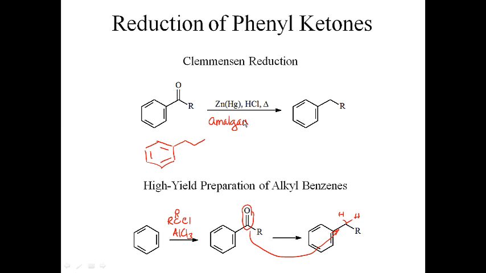But the zinc mercury amalgam with HCl and heat. We're not going to talk about the mechanism of this, but what this does is it reduces this carbonyl down to a CH2 group.